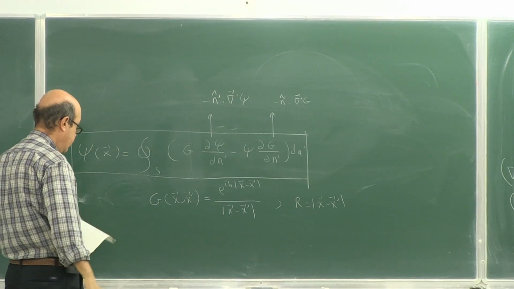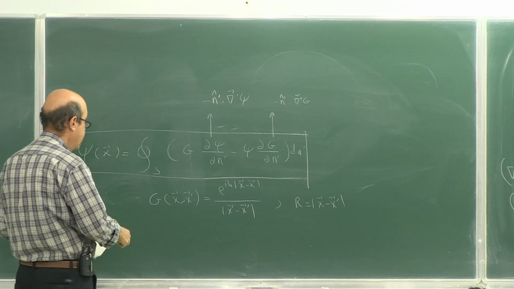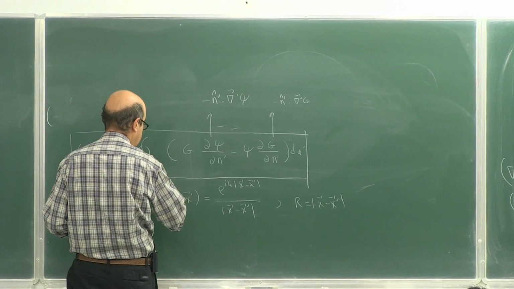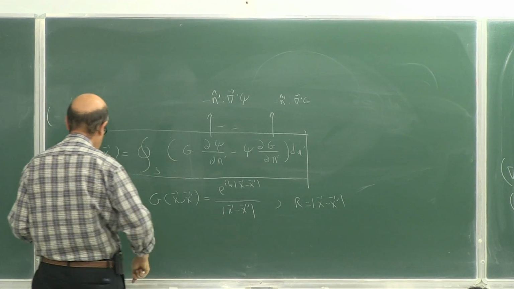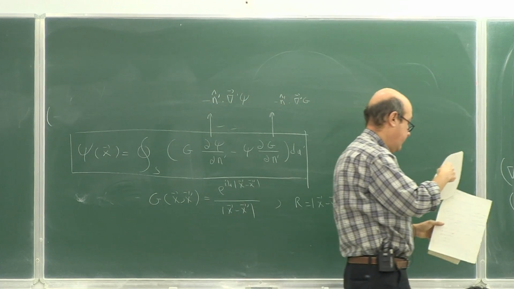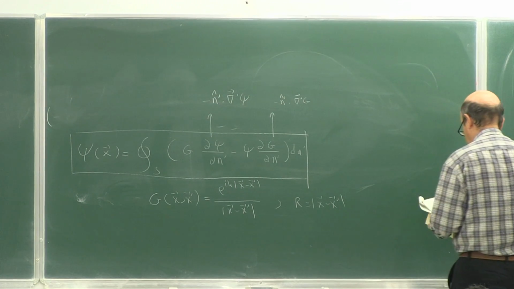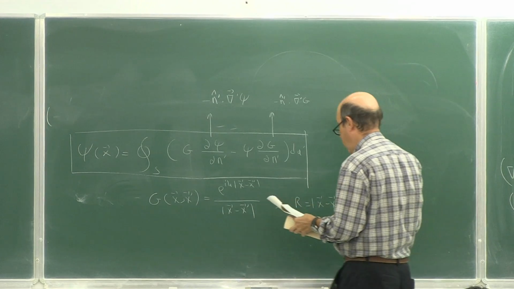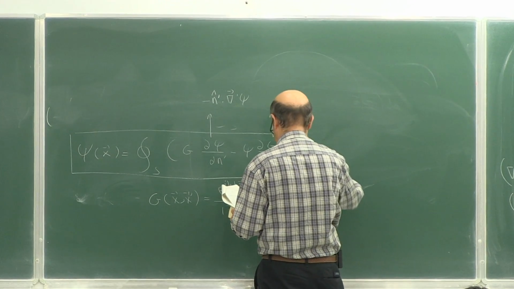You can take the gradient of the Green's function and plug it there, and you can write this in the following form, and that form is the Kirchhoff integral.